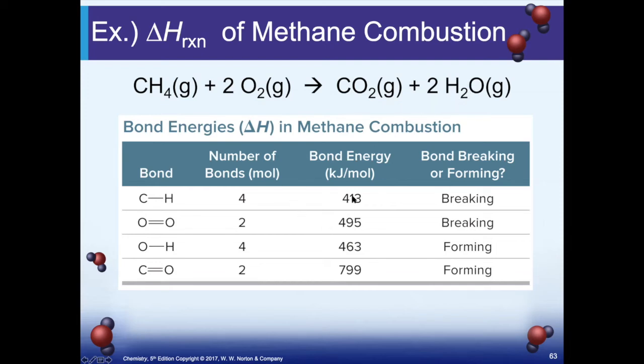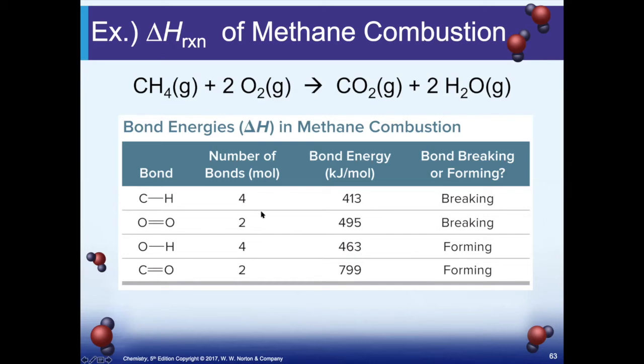So I know from the table those average bond energies. The average bond energy for a carbon-hydrogen bond is 413. The average bond energy for oxygen, O2, is 495. The average bond energy for OH is 463. And the average bond energy for a carbon-oxygen double bond is 799.